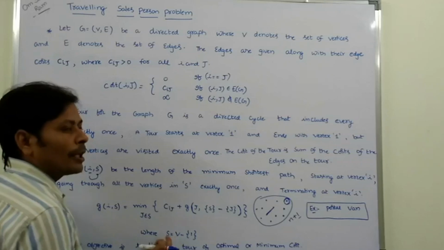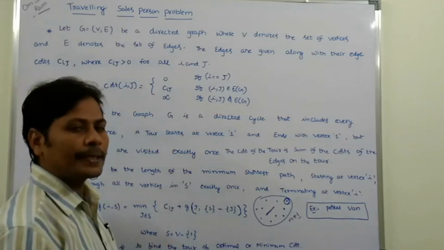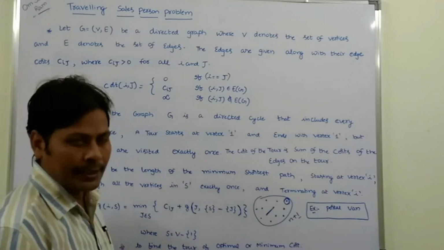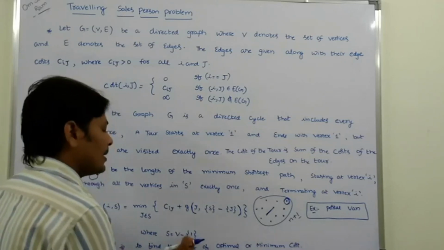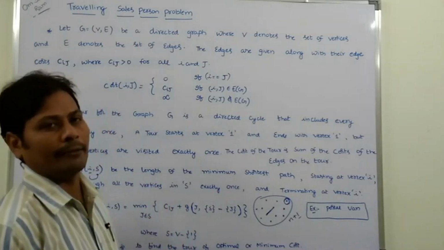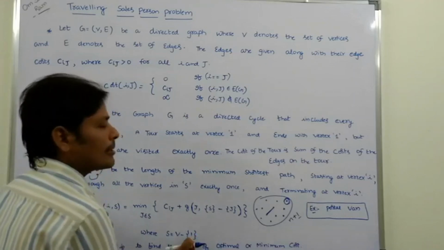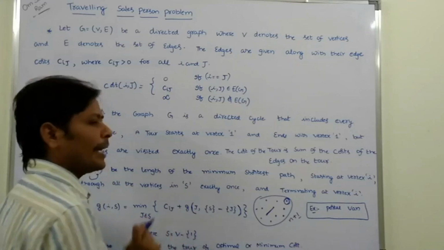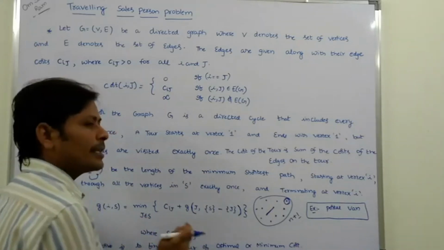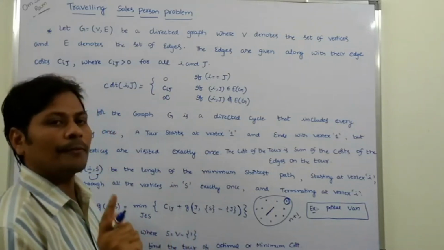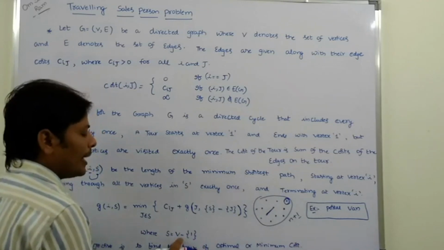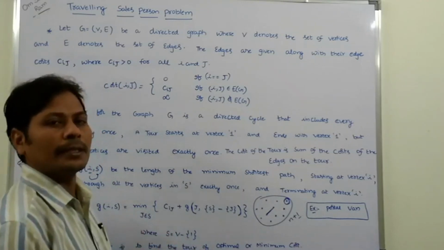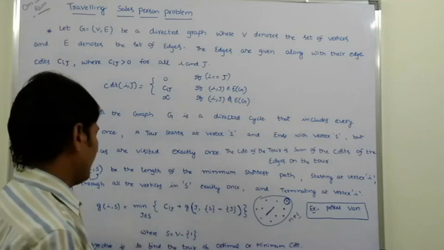V is the set of vertices to be visited in the given graph, minus the starting vertex or ending vertex. Here 1 is the starting vertex and it is also the ending vertex. So it would be visited 2 times. Because of that reason, we can eliminate 1 time. So then all the vertices are visited exactly once.